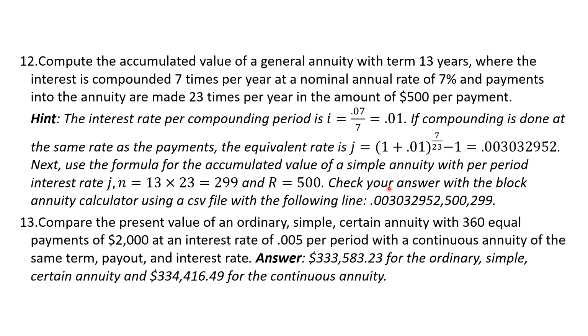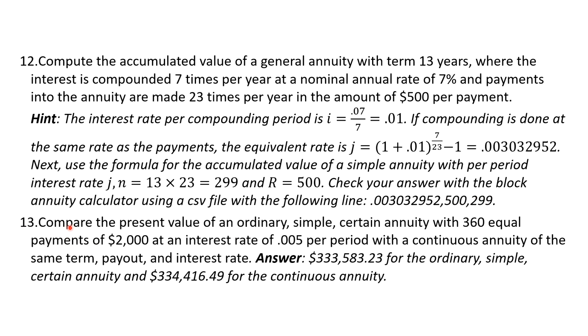And if you do that calculation, you can check it using the block annuity calculator with a CSV file having a single line: the interest rate J, the amount of payment, $500 per period, and then the number of periods.